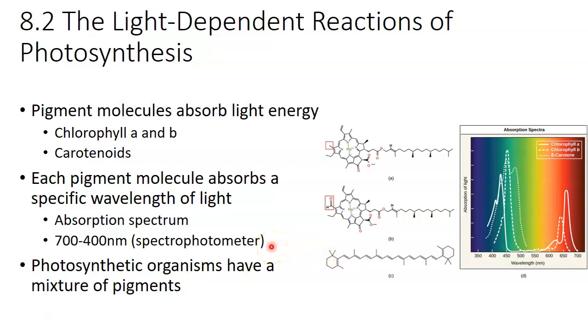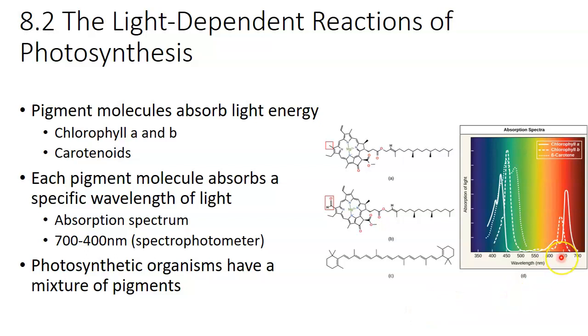We can put these photosynthetic pigments into this machine, hit it with the whole visible light spectrum, and see which ones are absorbed and which ones pass through, and we can then say which ones the particular pigment molecule is going to absorb and use to drive this process. So again, photosynthetic organisms like plants are going to have a mixture of these photosynthetic pigments. So let's take a look at each of them.